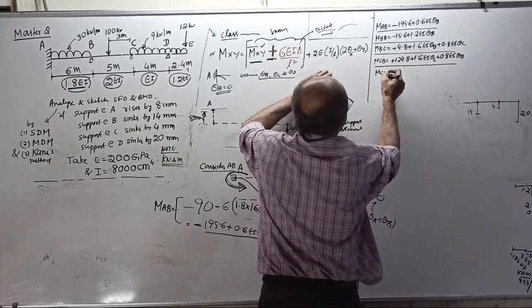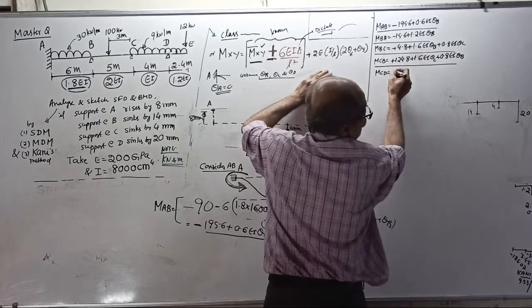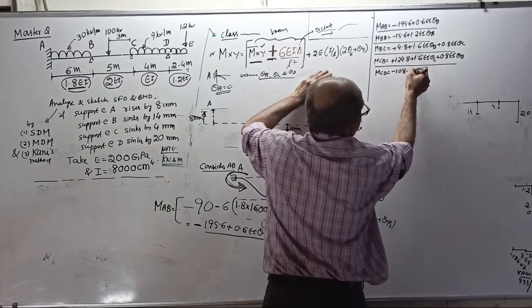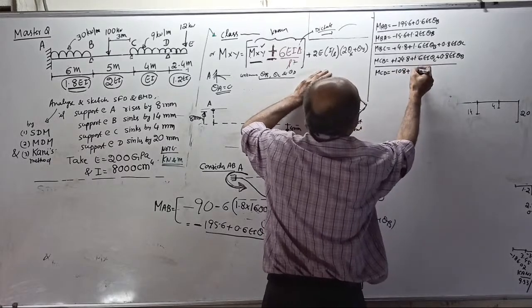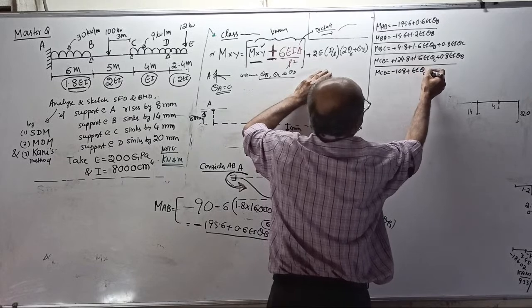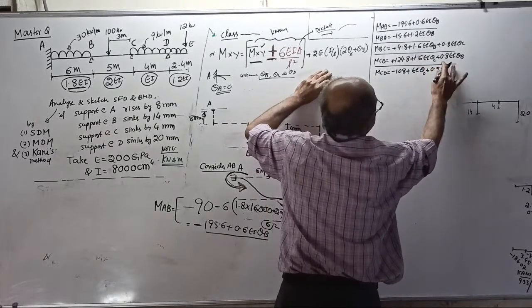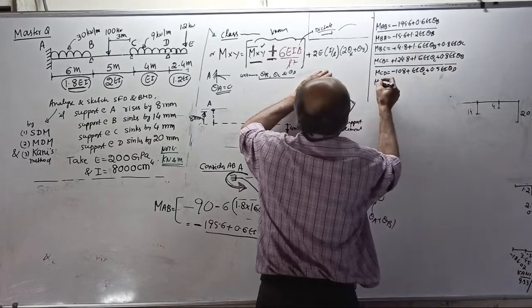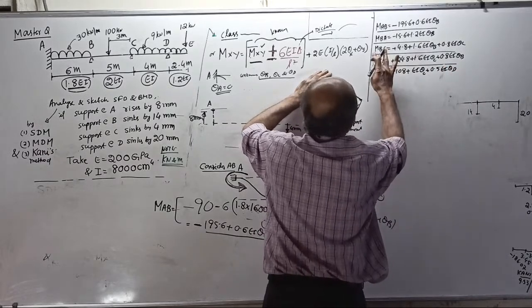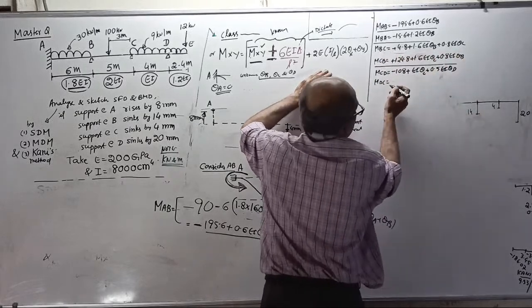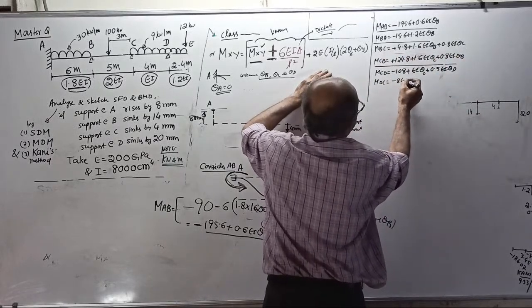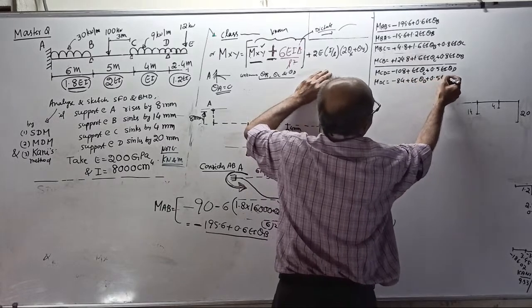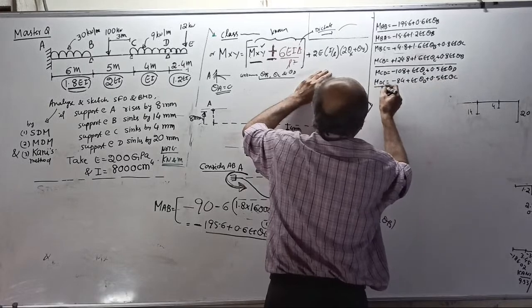Your MCD will come minus 108, plus EI theta B, EI theta C, plus 0.5 EI theta D. Your MDC will come, member by member, minus 84, plus EI theta D, plus 0.5 EI theta C. I am writing the answer because of the board problem here.